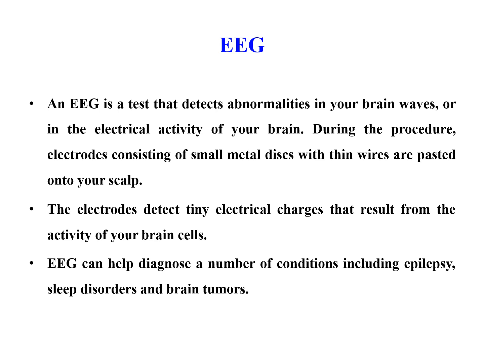The electrodes detect tiny electrical charges that result from the activity of your brain cells. The EEG can help diagnose a number of conditions, including epilepsy, sleep disorders and brain tumors.